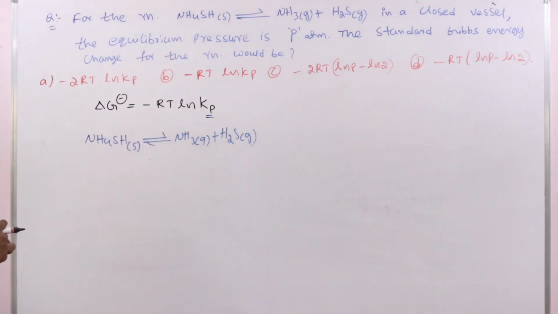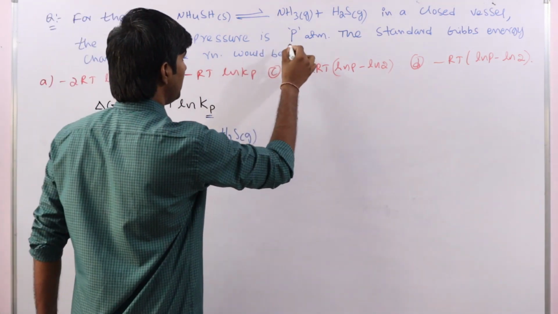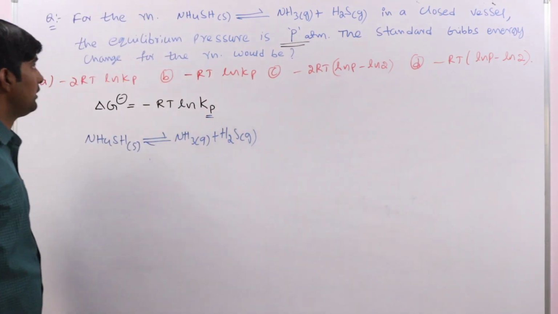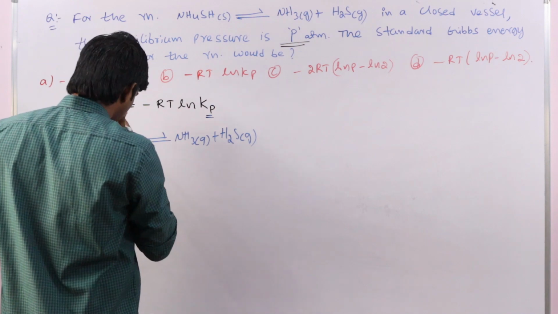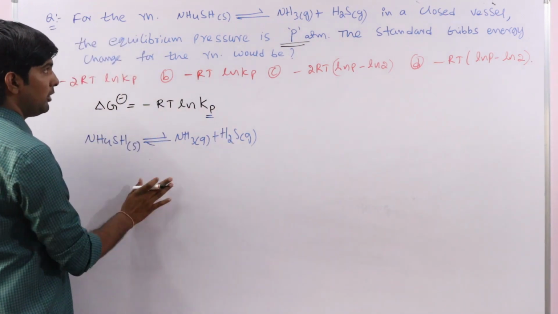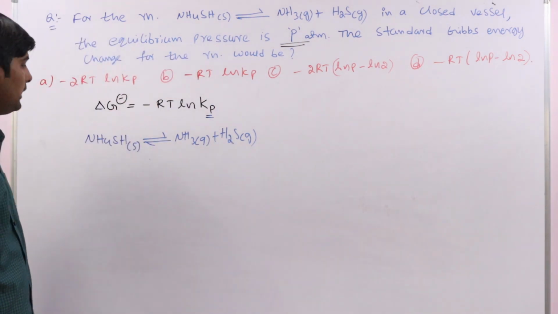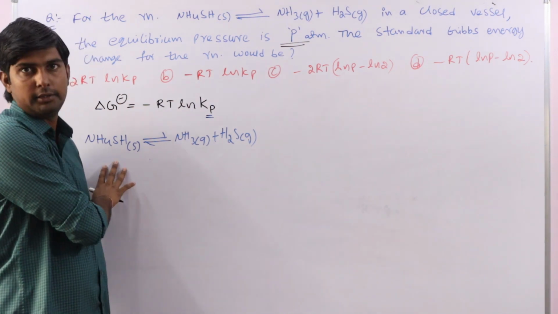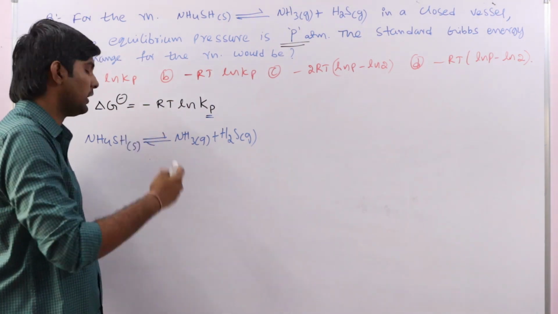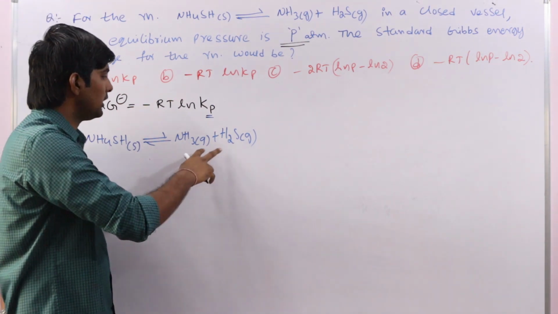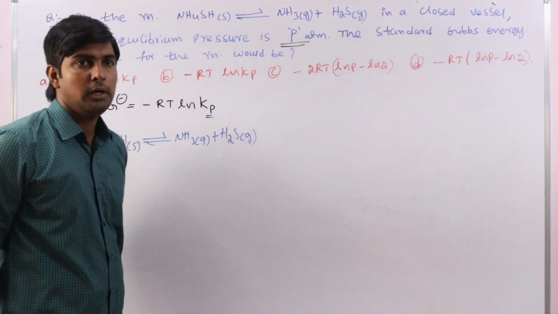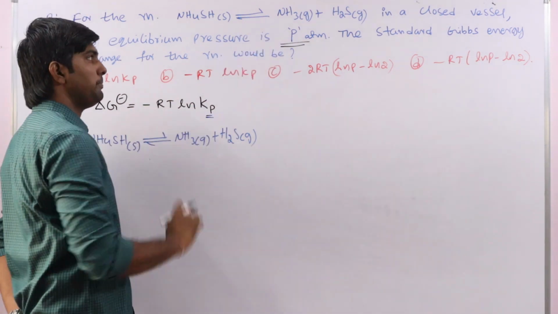Here it is given that the equilibrium pressure is P atmosphere. Total pressure at equilibrium is P atmosphere. This is the solid, so we do not consider it; its pressure is negligible. We consider only gaseous species, so total pressure is P atmosphere.